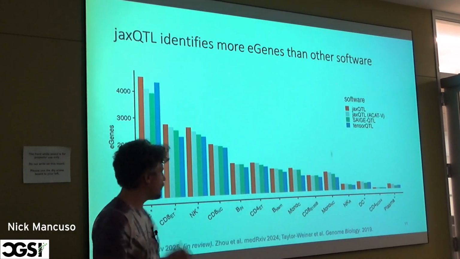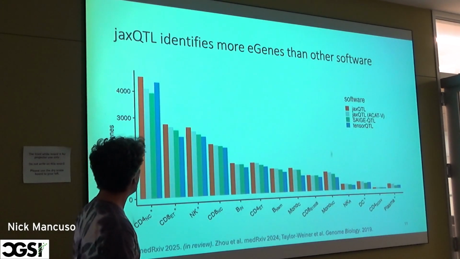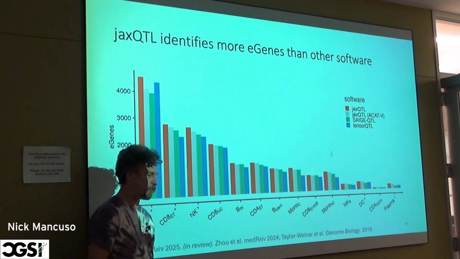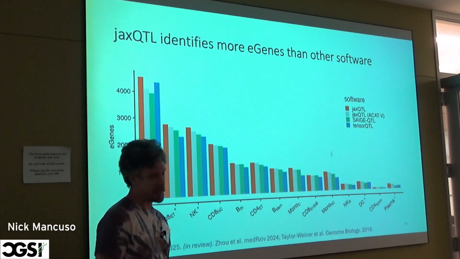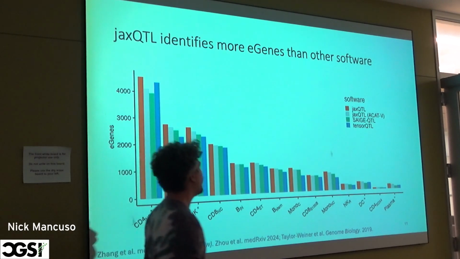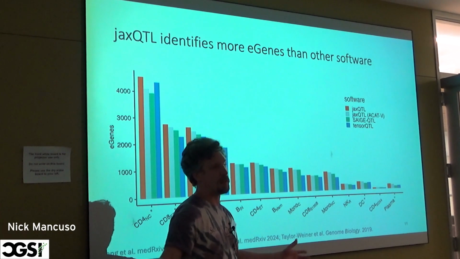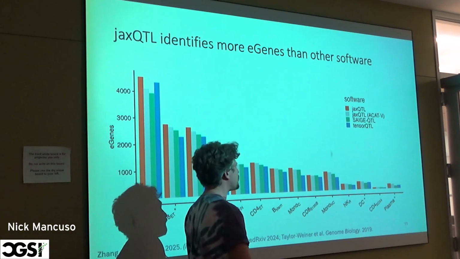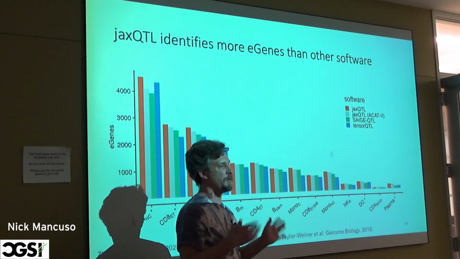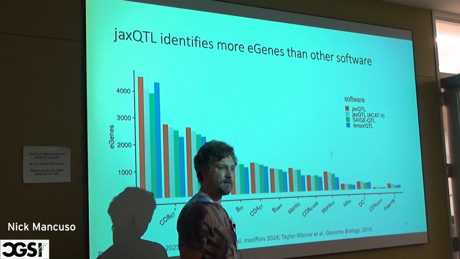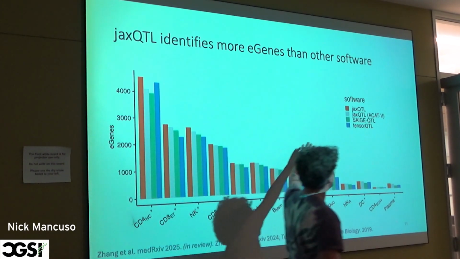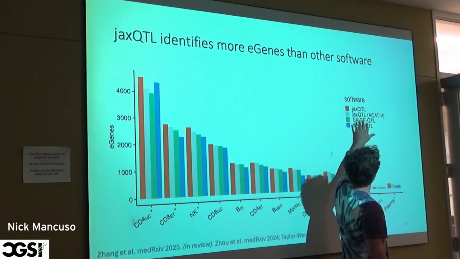And so we compared our tool, JAX-QTL, using two ways to perform multiple testing correction at the gene level. One is we do permutations within each gene, and then across genes just do some FDR. Alternatively, within the gene, instead of doing permutations, you can run this ACAT-V test, which is a very, very fast approach. And so ACAT-V kind of maps what CGSI is doing.